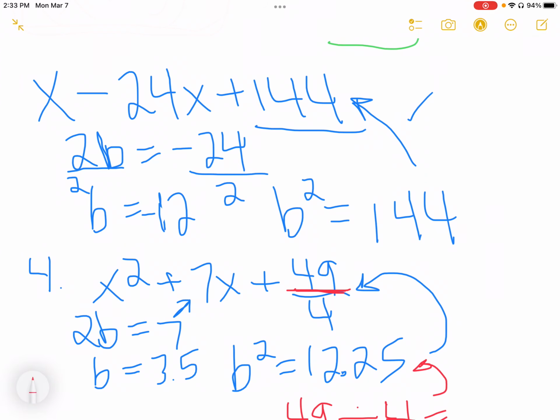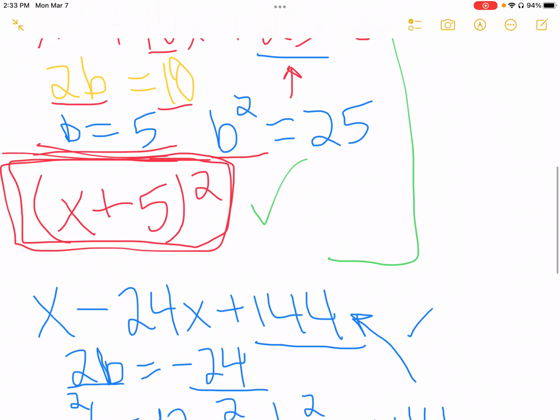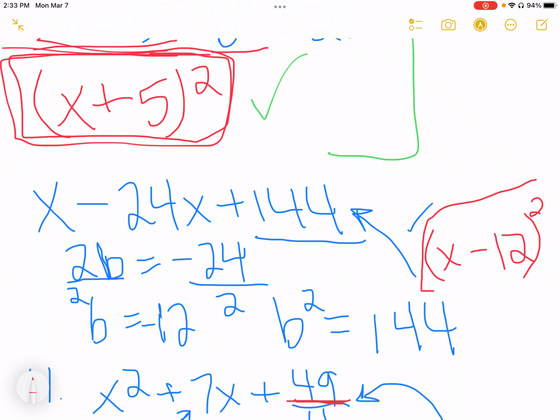Well, if you're following what we did up here, then we're just going to use whatever our b value is. So we'd simply write x minus 12, and then we'd square it. So we just write it like that.